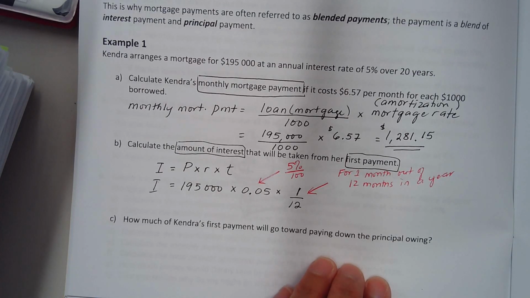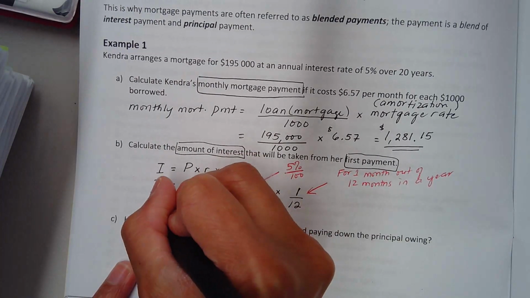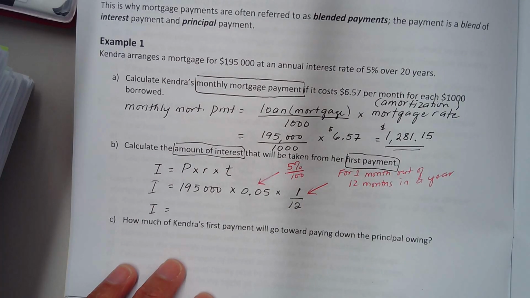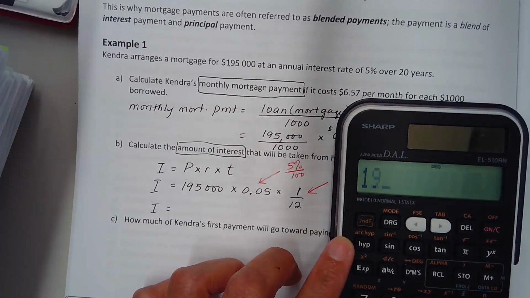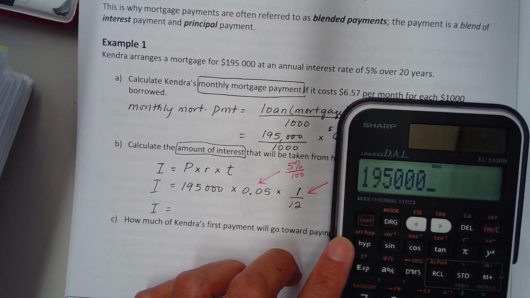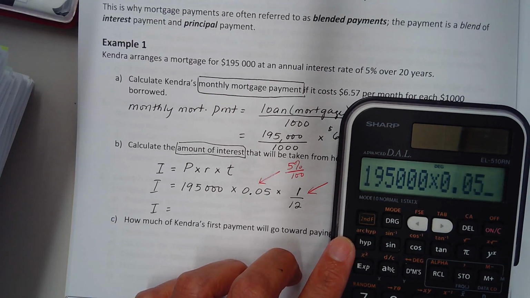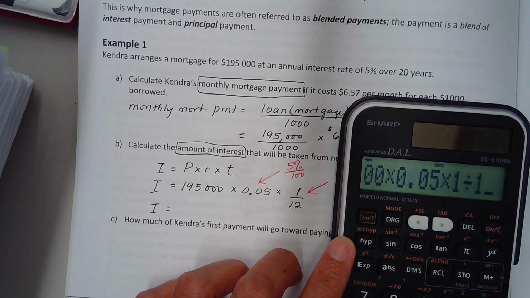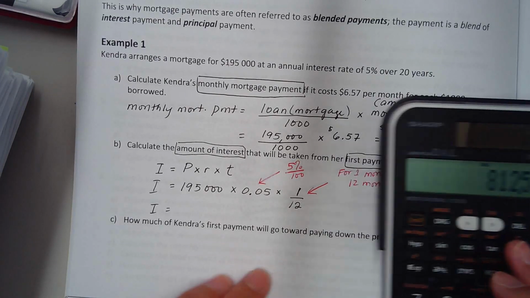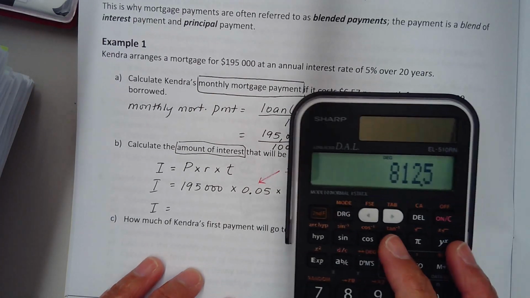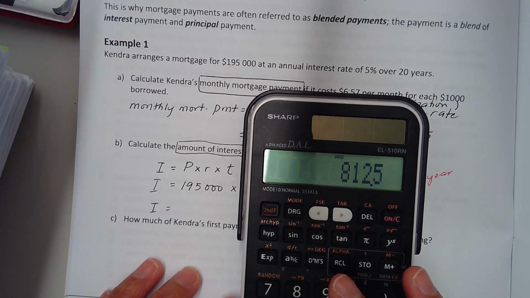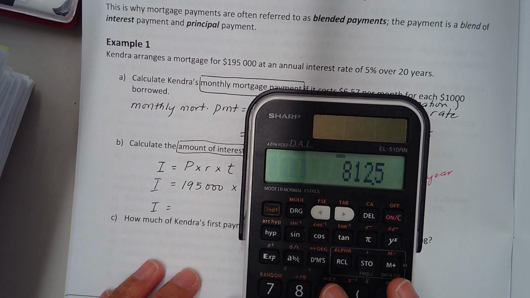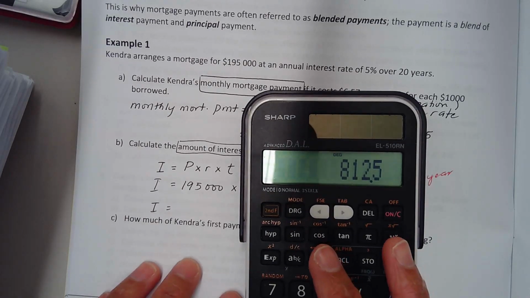Okay, so now let's go ahead and calculate that piece. Let's check, see if we got the same answer here. Did you get 812.5? Everybody got 812.5.